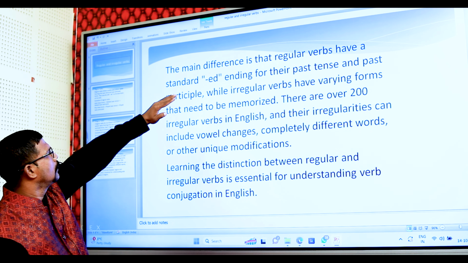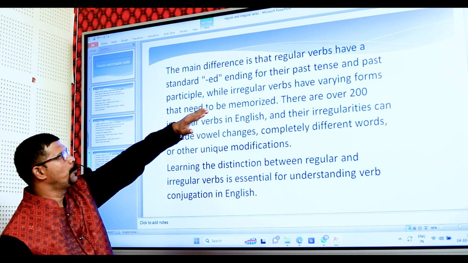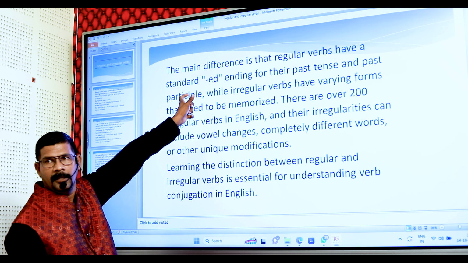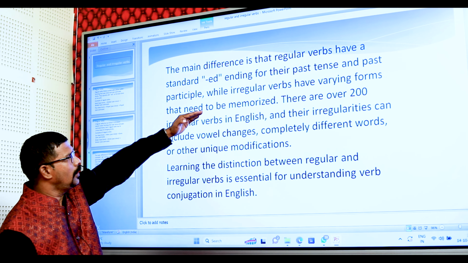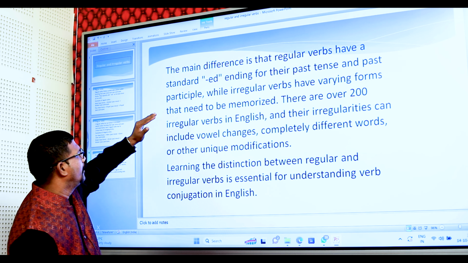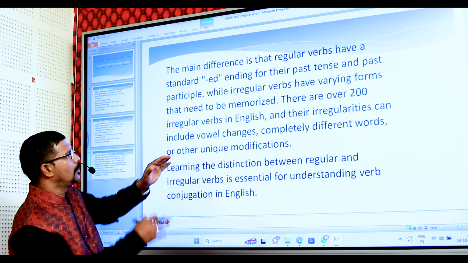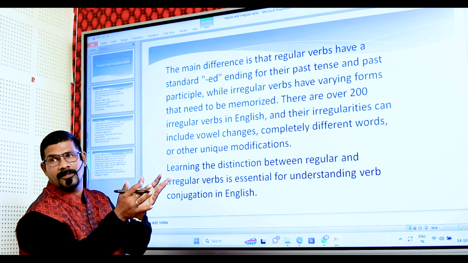The main difference is that regular verbs have a standard ed ending for their past tense and past participle, while irregular verbs have varying forms that need to be memorized. So, irregular verbs you have to memorize.